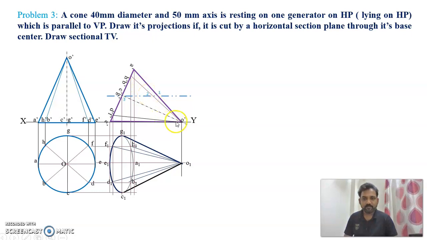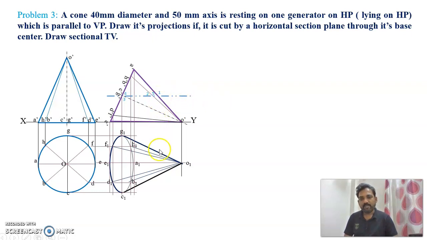Then it is passing through the center, so O dash C dash, mark it as 3. Then O dash G dash, so mark it as 4. Then O dash H dash, mark it as 5. So these are the 5 points which we get when the horizontal cutting plane cuts the cone.